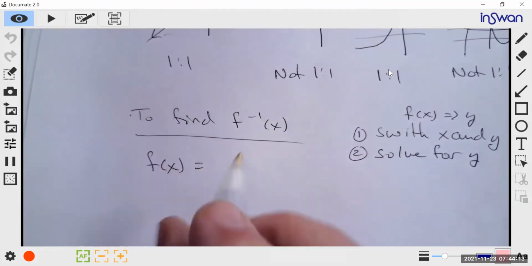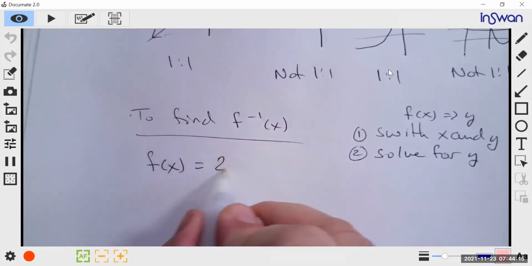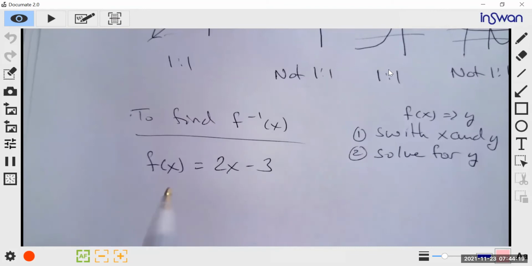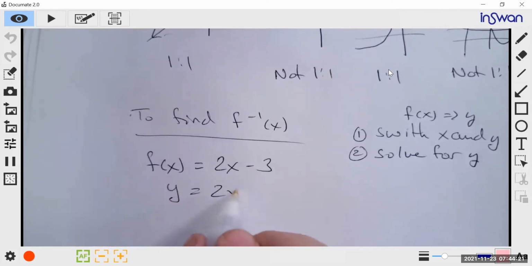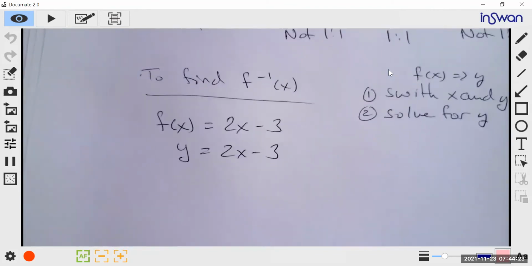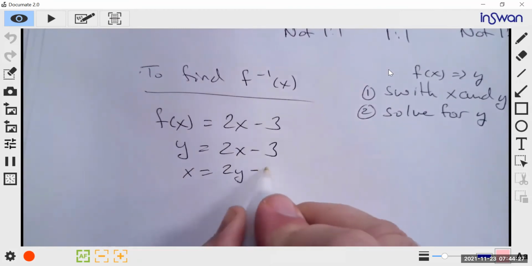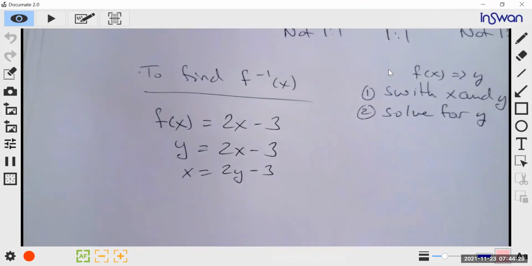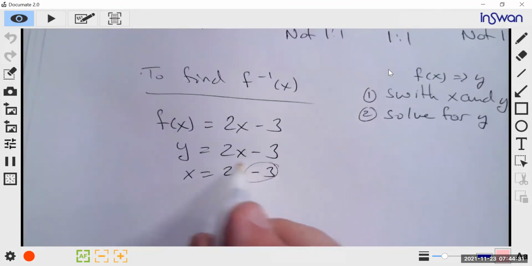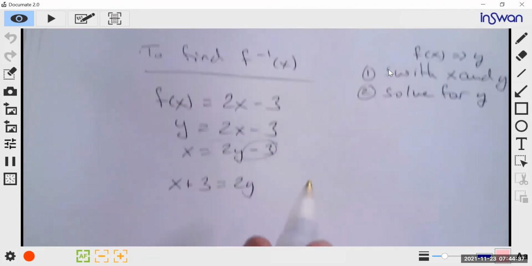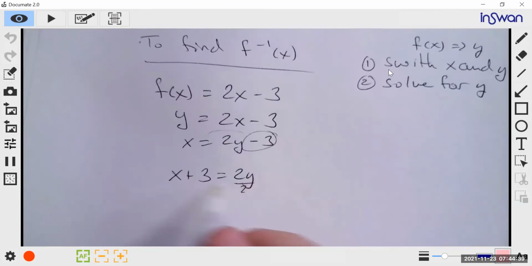So for example, well, we did this one earlier. Change f of x to y, switch x and y, solve for y. Move the 3 over by adding 3 to both sides and divide by 2.